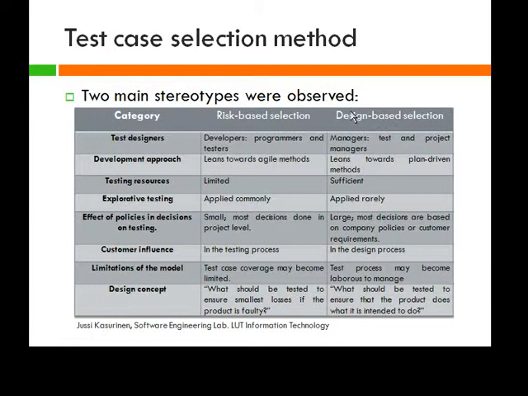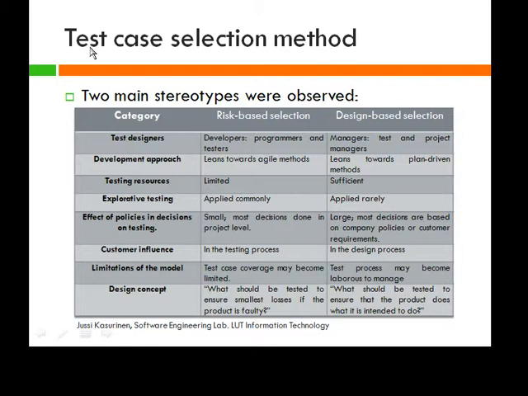Policies and decisions affect design-based selection to a large degree. In risk-based, the testers in the project are allowed to design more freely what they want to test.